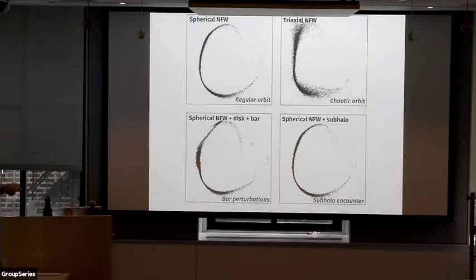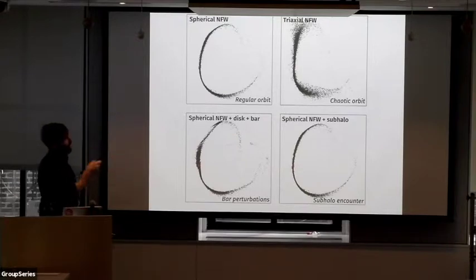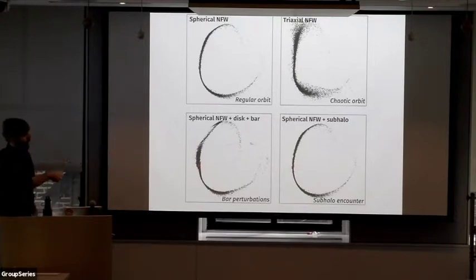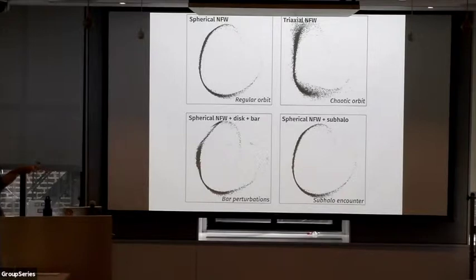So these are some different effects that can act to make stream tracks and stream densities much more complex. So in the top right, I've taken the spherical mass distribution for dark matter and I've made it triaxial. And in this particular gravitational field, the orbit that the cluster is on, I've made sure that the progenitor ends up in the same place and the orbit over the last orbital period or so all look roughly the same. In this particular case, this orbit becomes chaotic, strongly chaotic.